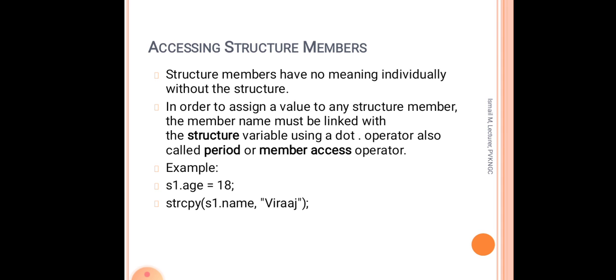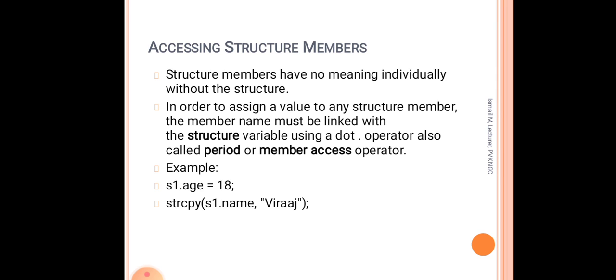For example, if you want to access the age member of the student structure, you need to declare structure variable s1. Then you can access the age member using the s1 structure variable. s1.age = 18. Here we are assigning value 18 to the age member variable of the student structure.